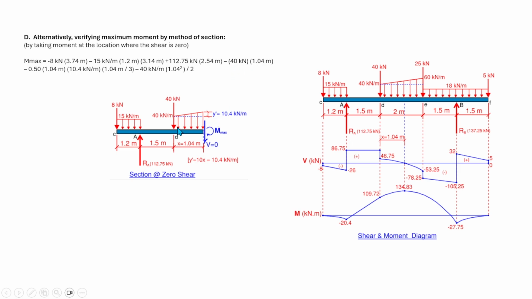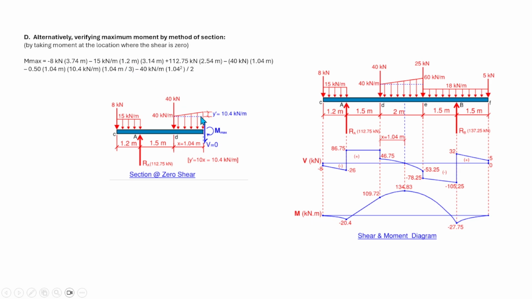Then we have the trapezoidal area, and we separate this into rectangular and triangular. So minus 0.5 times 1.04 times 10.4, that is the triangular portion here. That's 10.4 times the moment arm, which is 1.04 over 3.